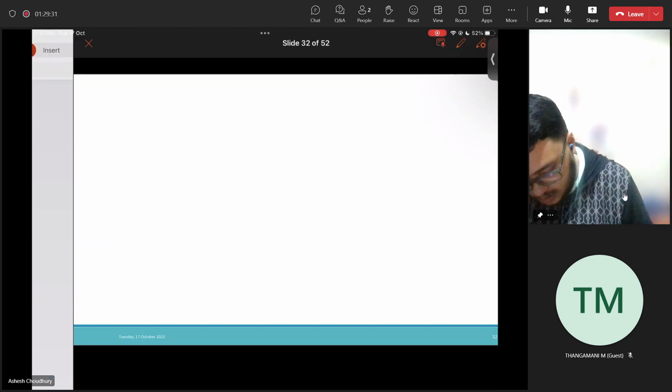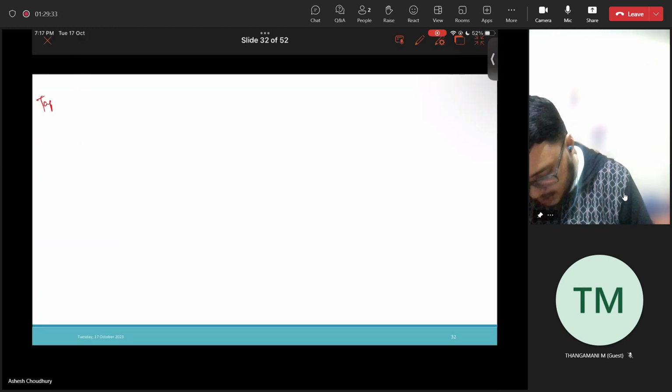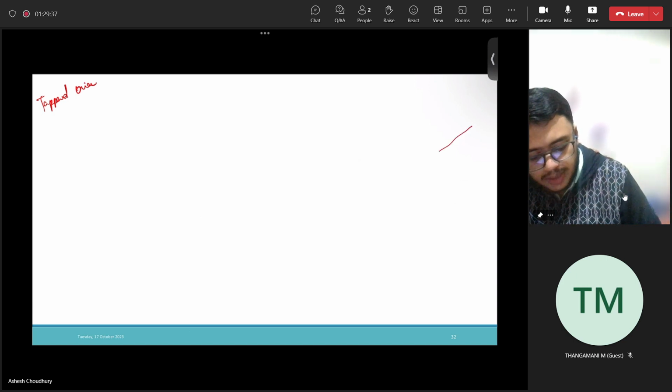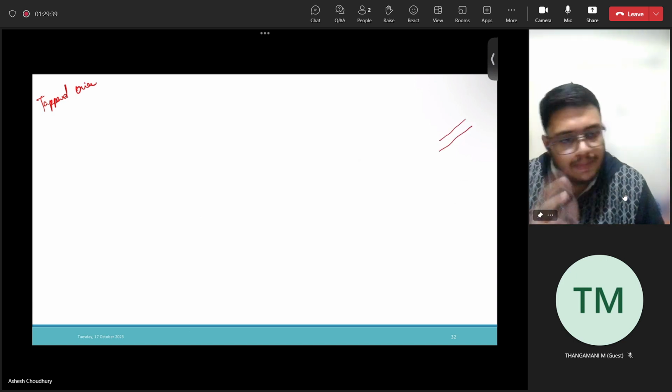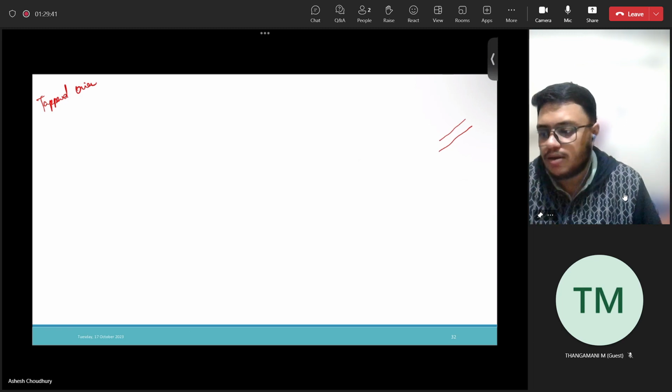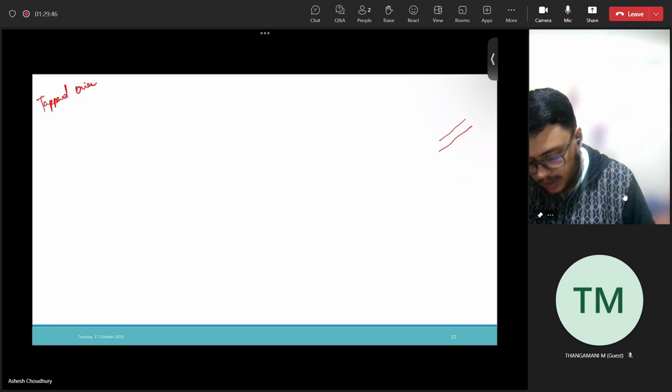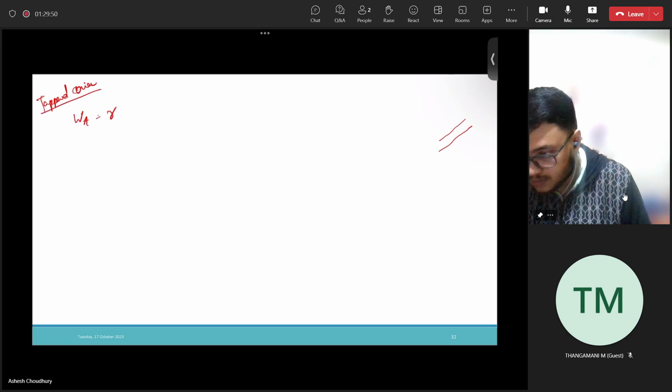This is for the tapered cover. The geomembrane is placed and covered by soil, and we are finding out the stability of that slope. For tapered cover, all this L, D, everything is given in the figure.